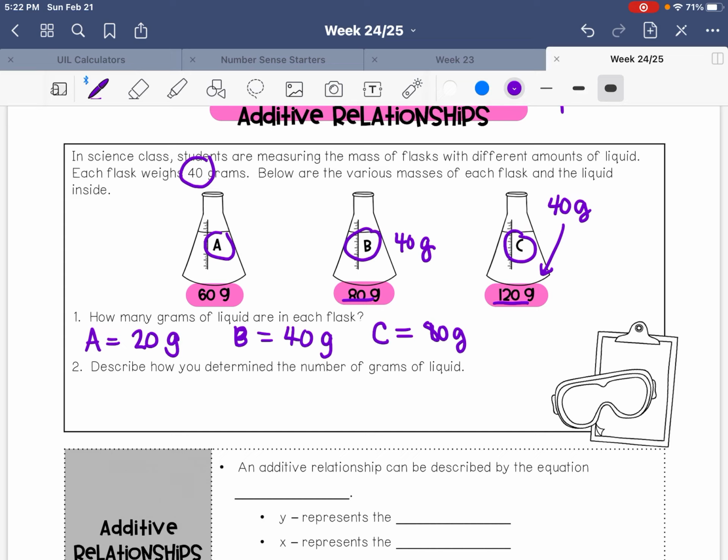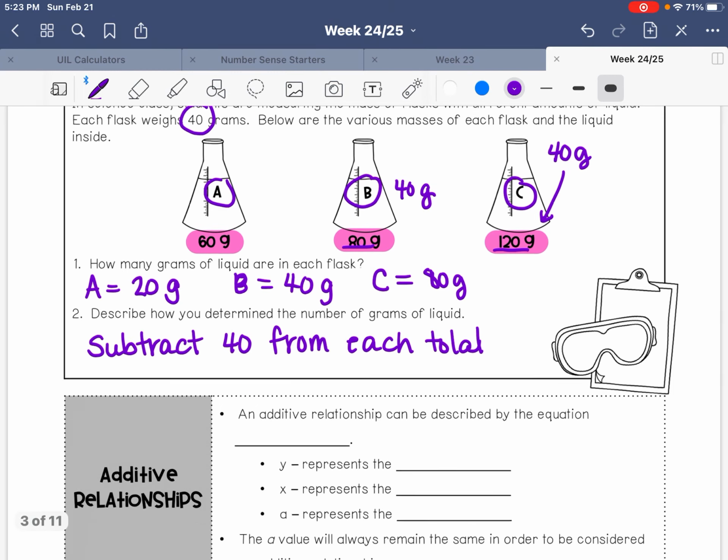Okay, so describe how you determine the number of grams in each liquid. Well, I determine that number by subtracting 40, the weight of the flask, from each total. Okay, so that would be an additive relationship.